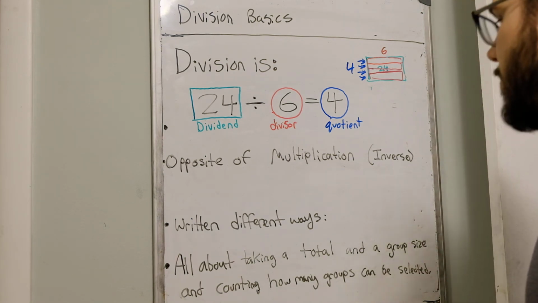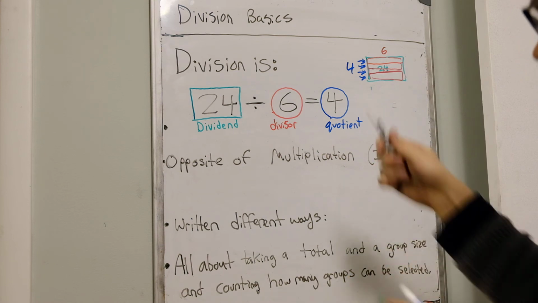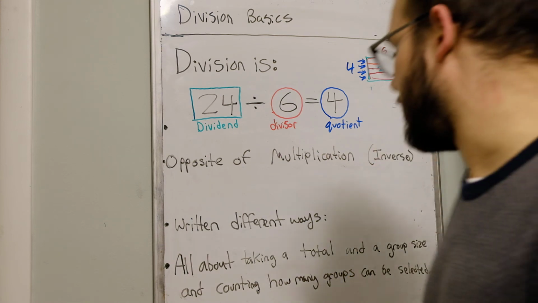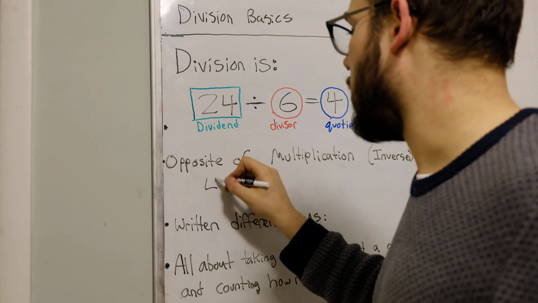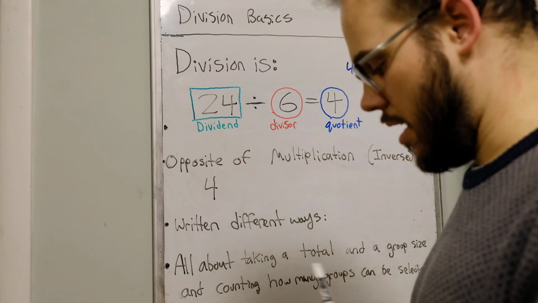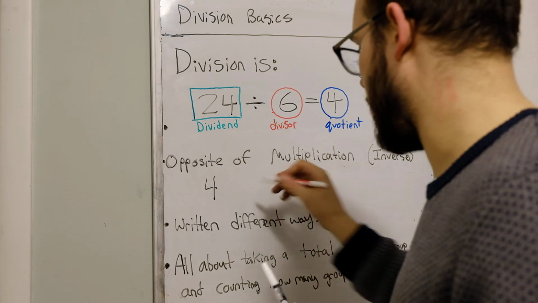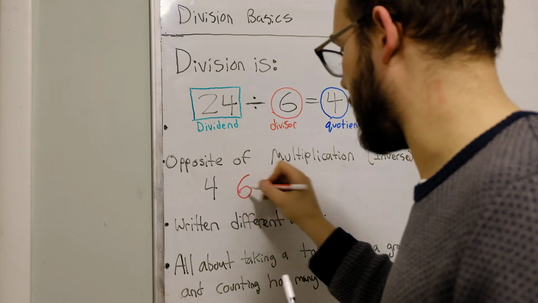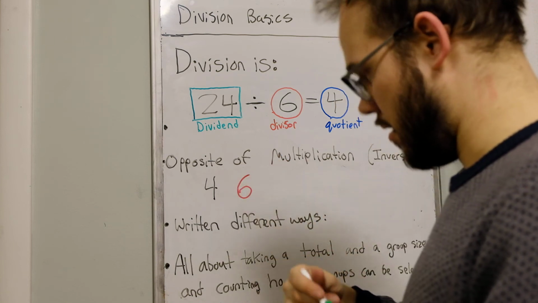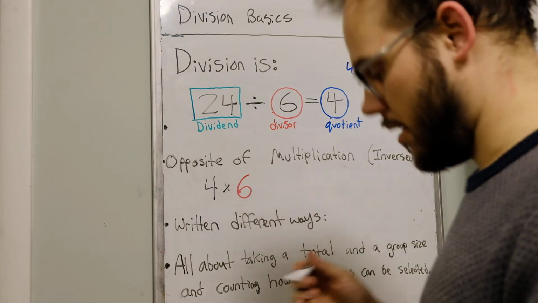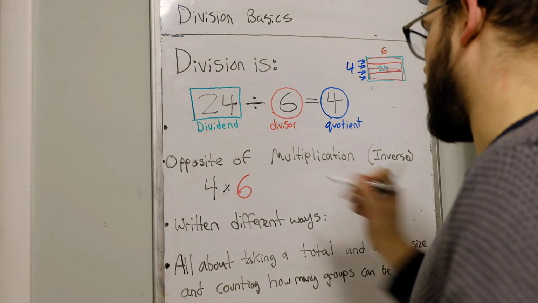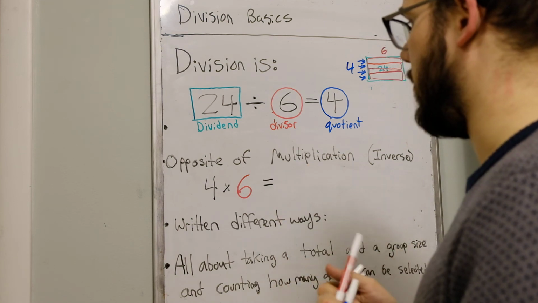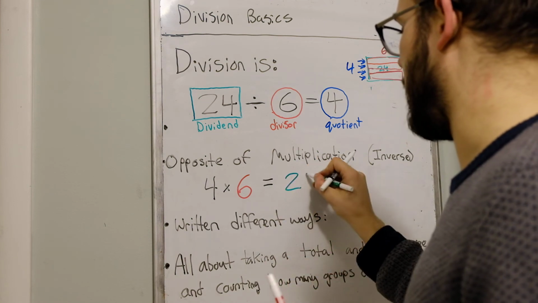Okay, so if we were to write the opposite multiplication version of this, if we have 4 groups, and each group has a size of 6, and we wrote that as multiplication, then we would end up with a total of 24.